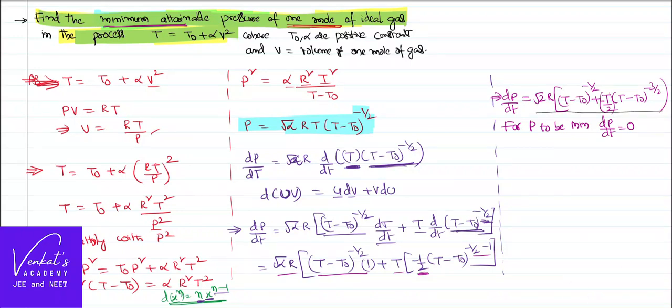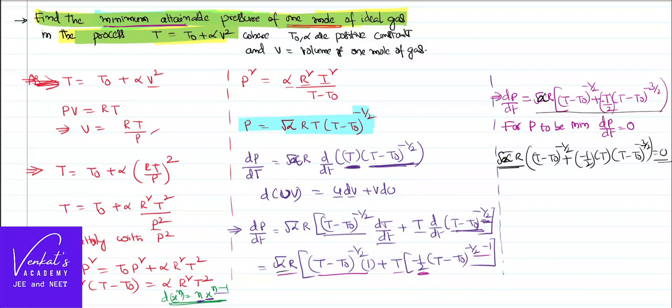This one, that's a differentiation. Root alpha R, t minus t naught power of minus half plus minus half into t minus t naught power of minus 3 by 2 equal to 0.